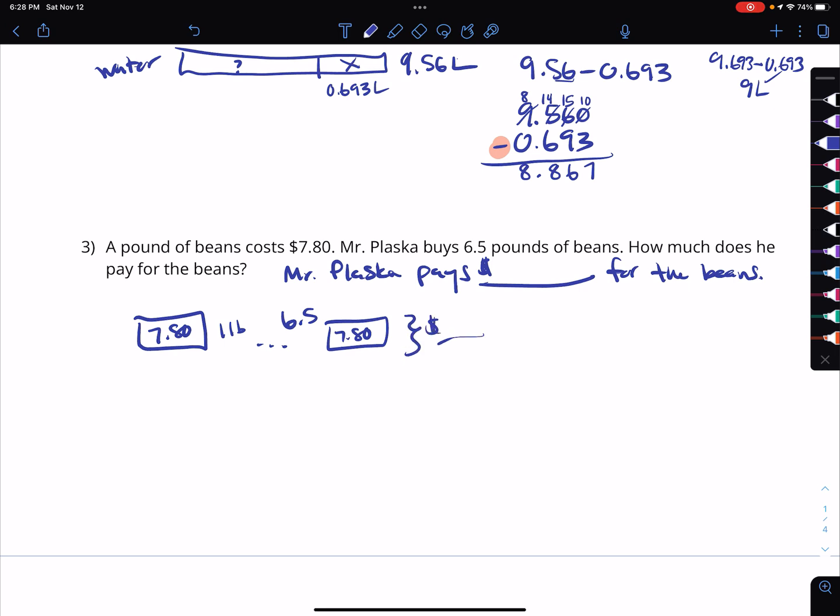So to me, that sounds like we are going to be doing $7.80, 6.5 times, or 6.5 groups of $7.80. So that's like multiplication. Now, reasonably, if this was $8 a pound, and I bought 7 pounds of them, that would be $56, which is a ton of money for beans.